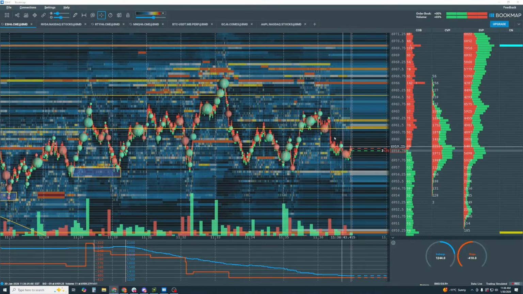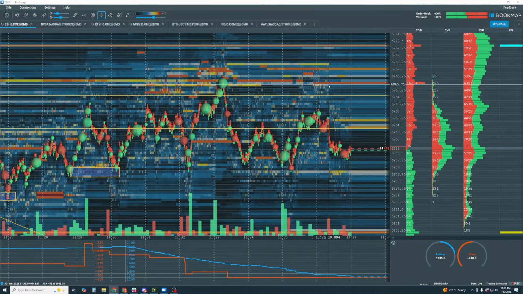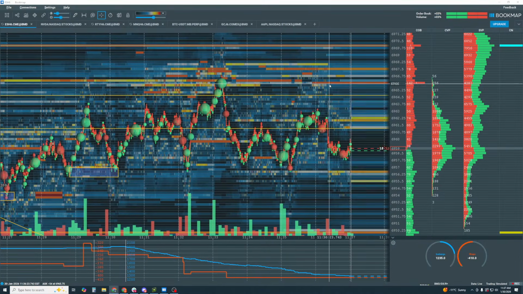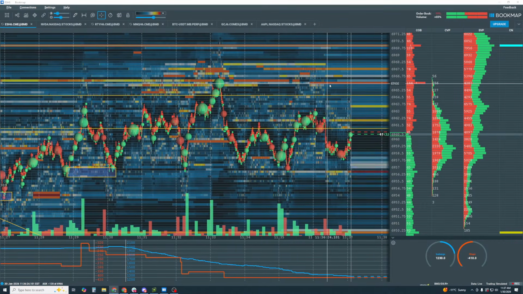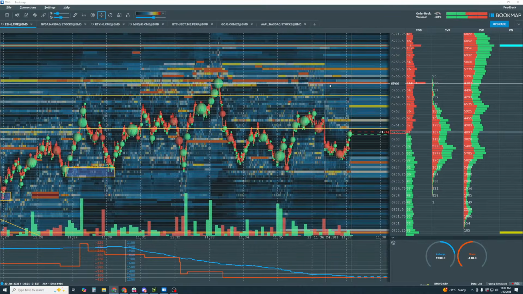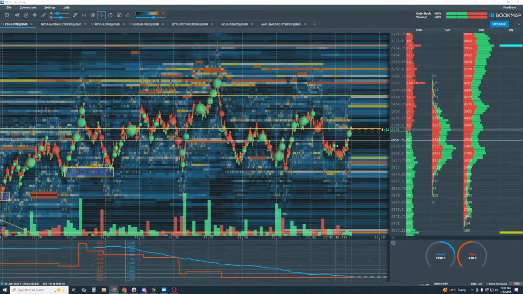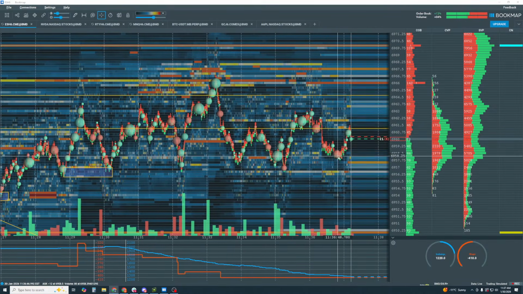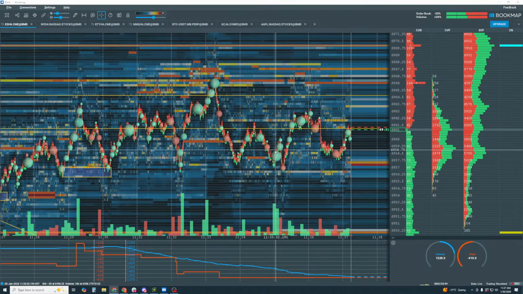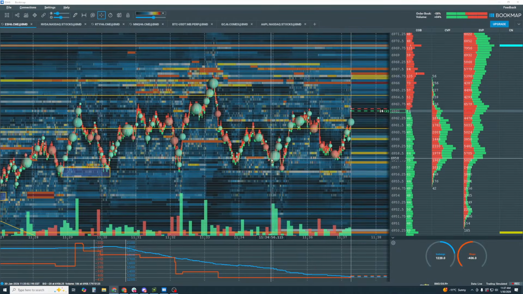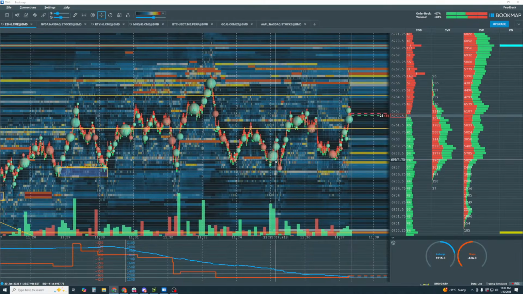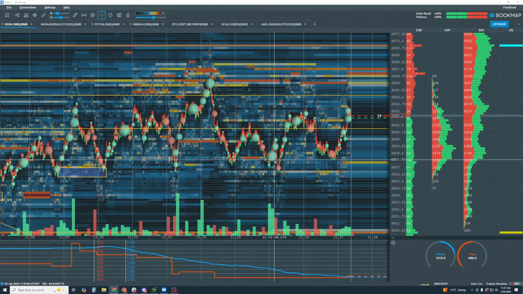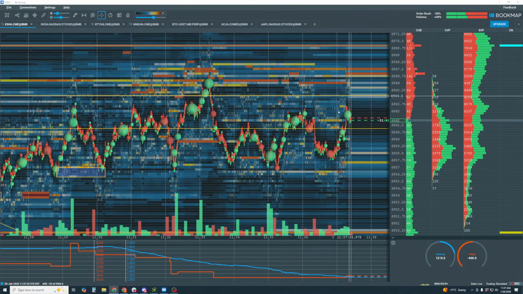I see some selling pressure, and it's not working out. Why not? Well, let's look left. There's a big cluster of buying right here. That's where it came back down to. So now buyers are right back.